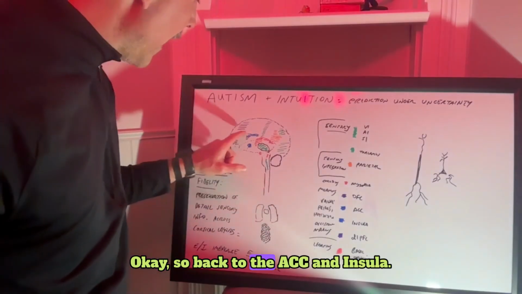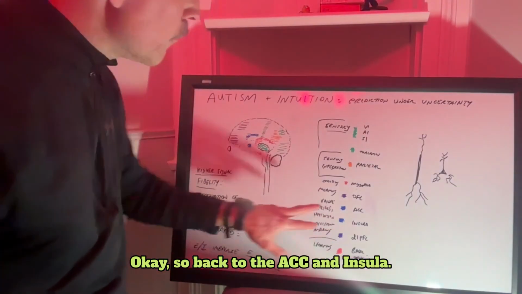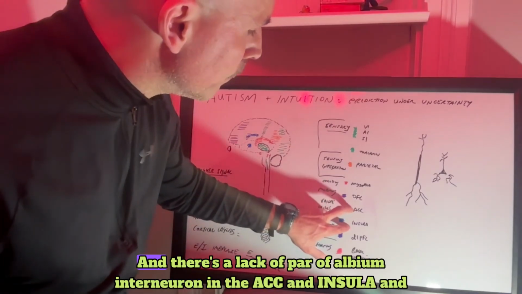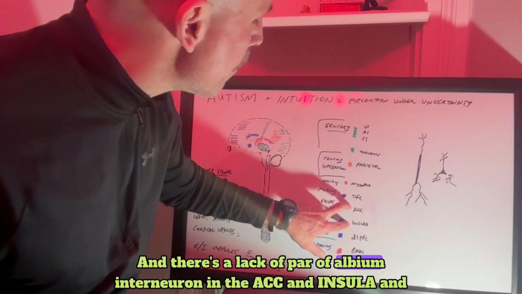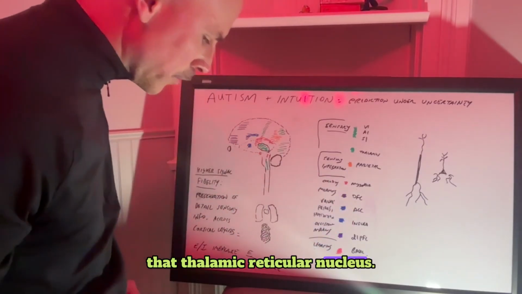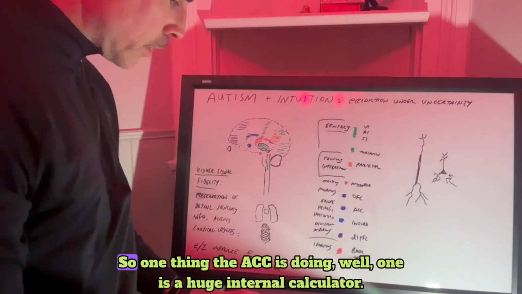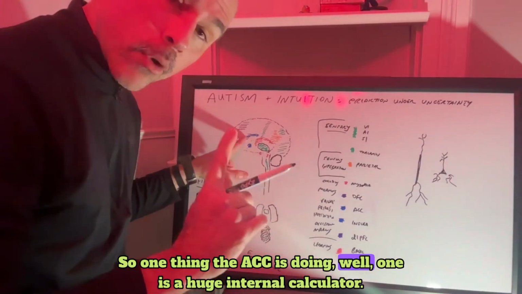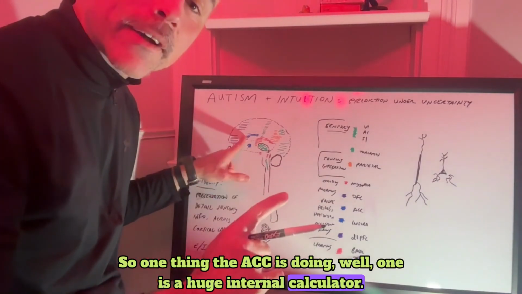Okay, so back to the ACC and insula. Remember, we have the parvalbumin interneuron. They're heavily involved here, and there's a lack of parvalbumin interneuron in the ACC and insula, and that thalamic reticular nucleus. Okay, so one thing the ACC is doing is acting as a huge internal calculator.